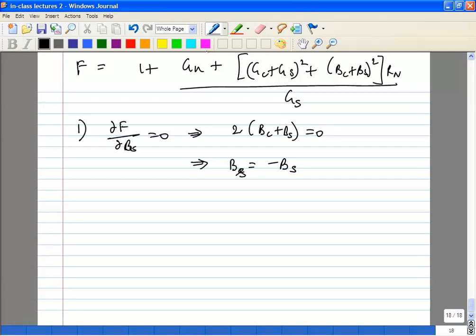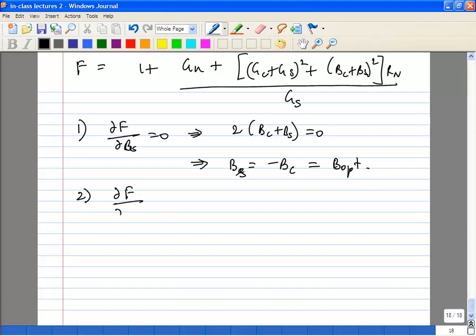We want to find out Bs. This is your optimum B. If you start off with the susceptance Bs of the source, you want to convert it to a susceptance which is minus Bc, which is similar to what you do for maximum power transfer. So that is similar.